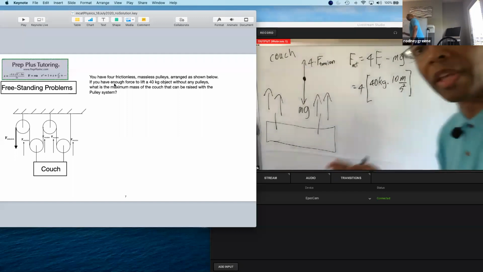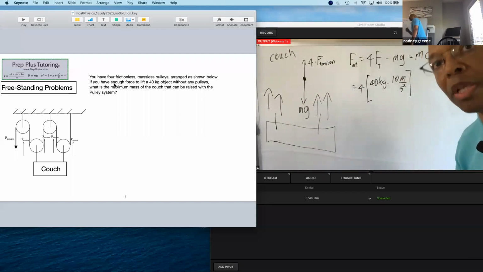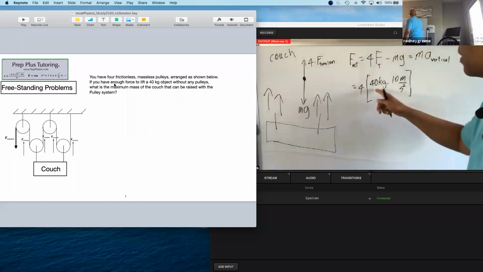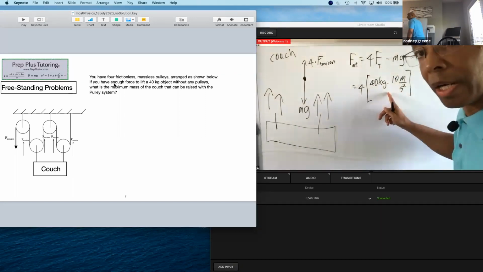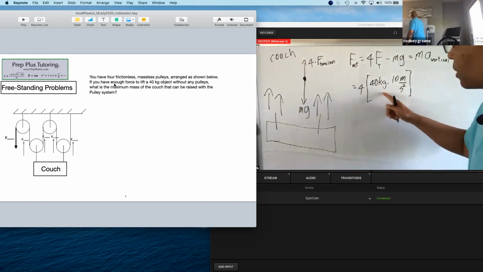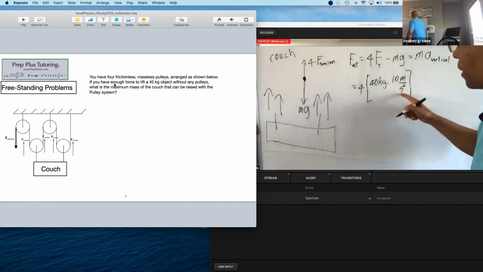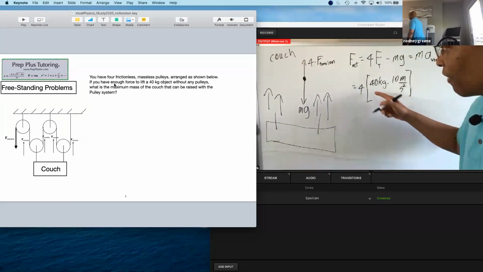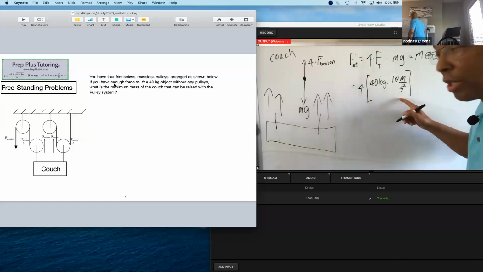And so now they've given us some values in the problem, so I'm just going to plug those in. The maximum mass that the problem says you can handle is 40 kilograms. And the weight, the associated force due to gravity of a 40 kilogram object, is its mass times the acceleration due to gravity.